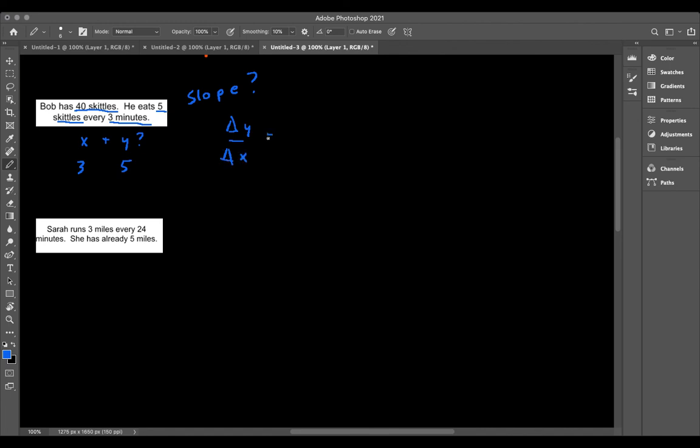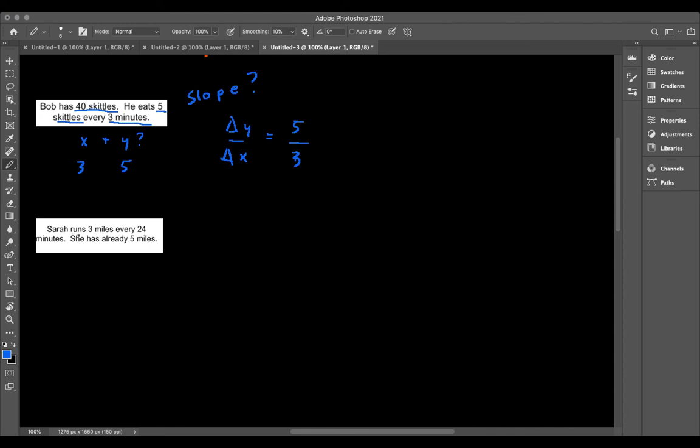So the y would be 5, and the x would be 3. Right, and that's how it would go in that situation. That's all you'd have to do. Now we can divide that if we want to, but we don't have to. All we want to do is basically take those values.